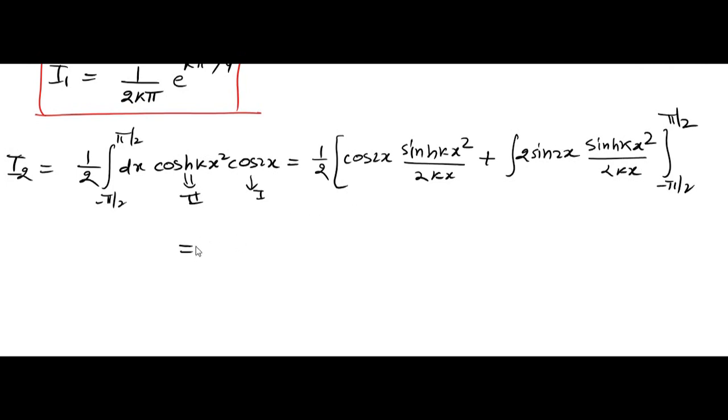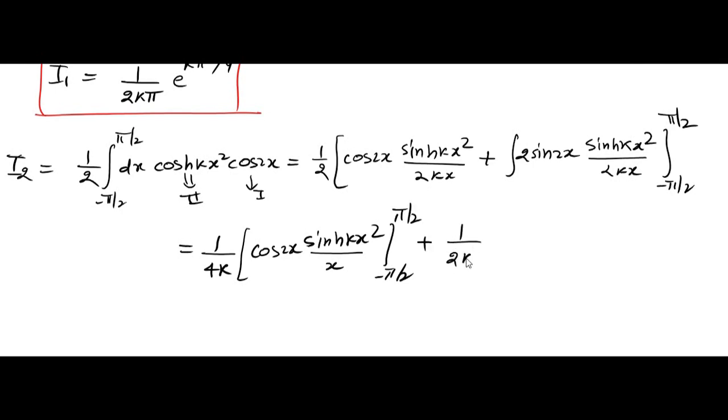So let us split this integration. We will get 1 over 4k cos 2x sinh(k x square) divided by x from minus pi by 2 to pi by 2, plus 1 over 2k integral from minus pi by 2 to pi by 2 of sine 2x over x sinh(k x square).